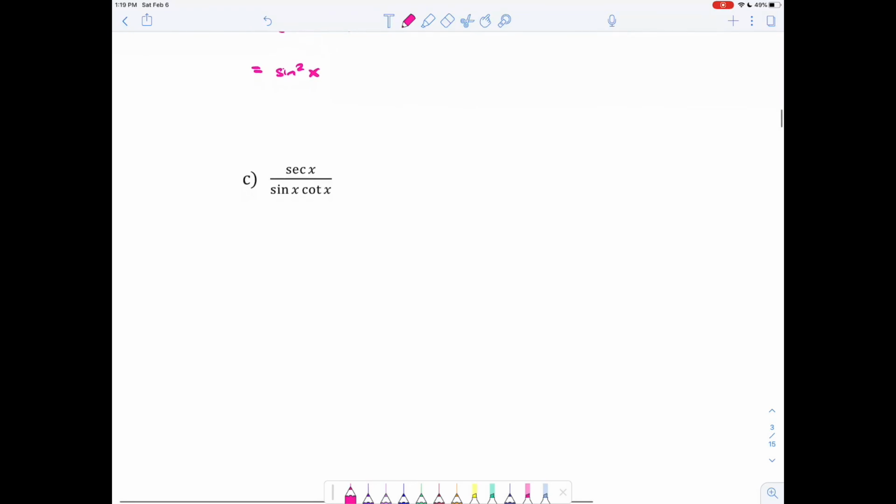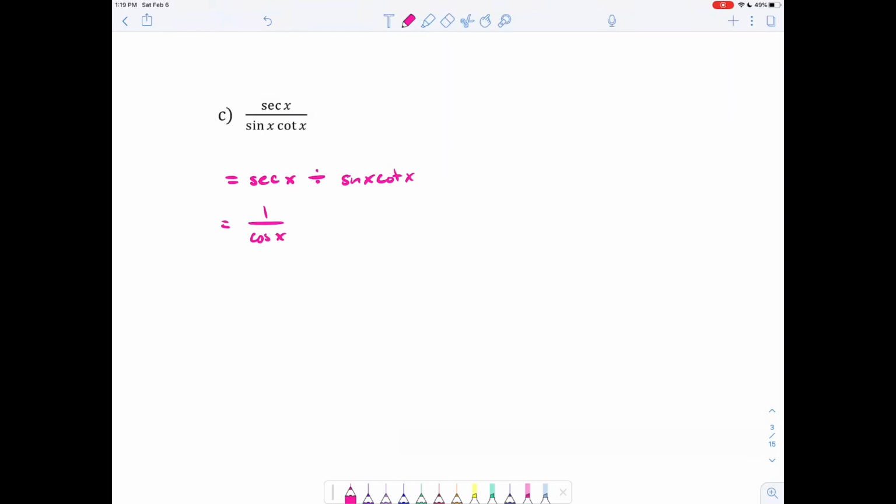And this final example, whoa! All right, we've got a bunch to rewrite here. I'm going to rewrite this whole thing first without changing anything. Oops, I forgot my variable. So I'm going to write it that way, and then I'm going to convert that. So I've got secant of x, which is 1 over cosine of x.